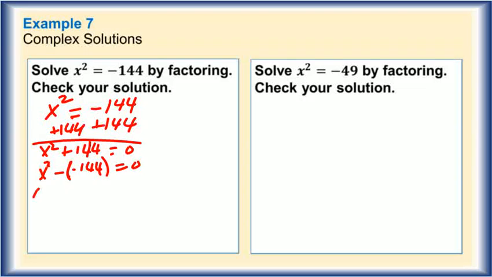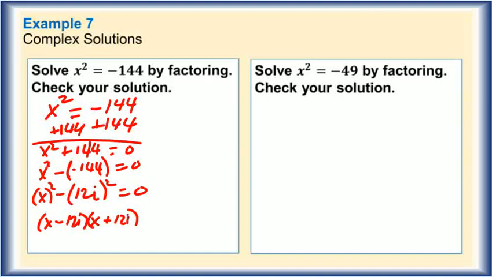So this would be x squared minus, here I have an i for the negative. The square root of 144 is 12. If I square that, I get the positive 144 here, equaling 0. So the difference of two squares would be x minus 12i and x plus 12i.